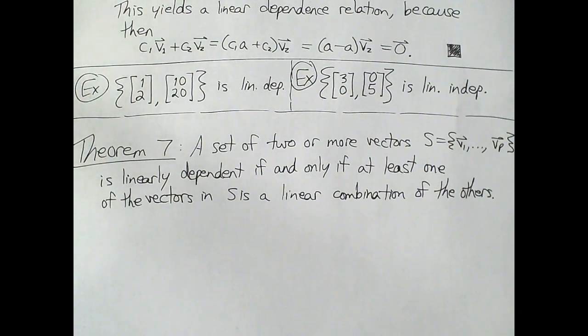Now, let me say a couple of things. This is theorem 7, and I think earlier today we had a theorem that did not have a number attached to it. And in the previous video, we might have had some theorems. I'm referring to the recommended textbook, and when I say things like theorem 7, that's what it's called in the book. We're not going to cover every single theorem.